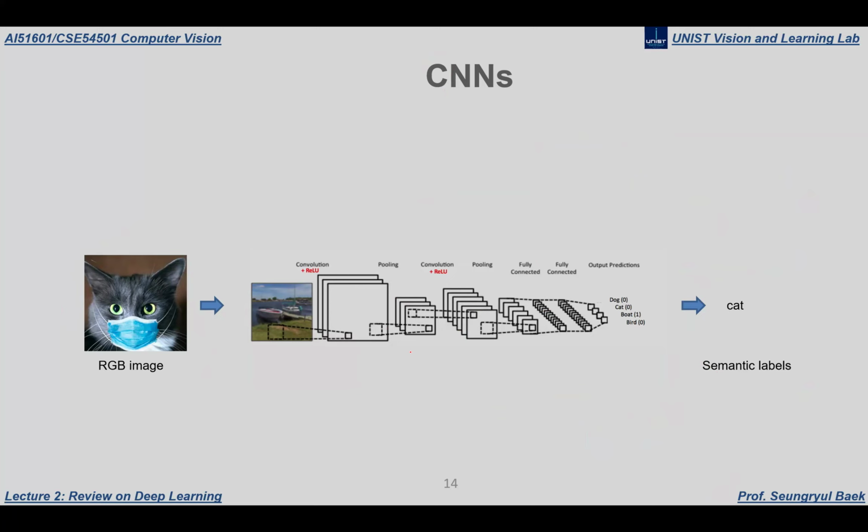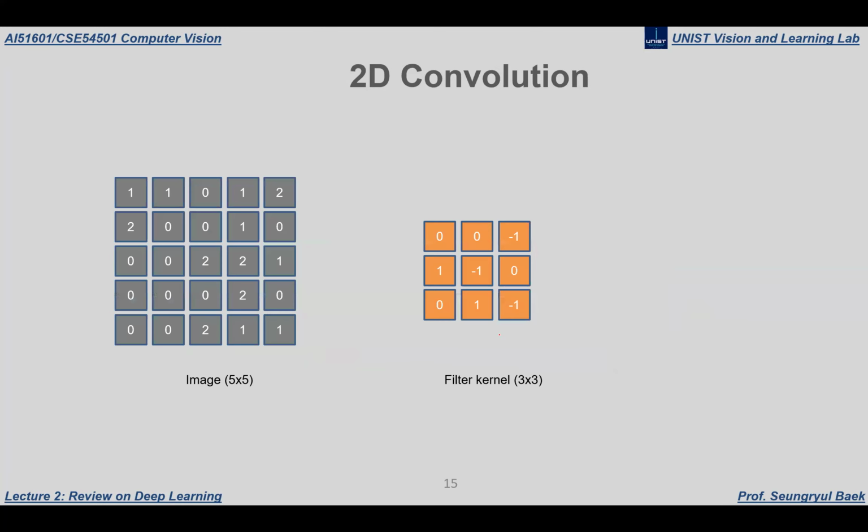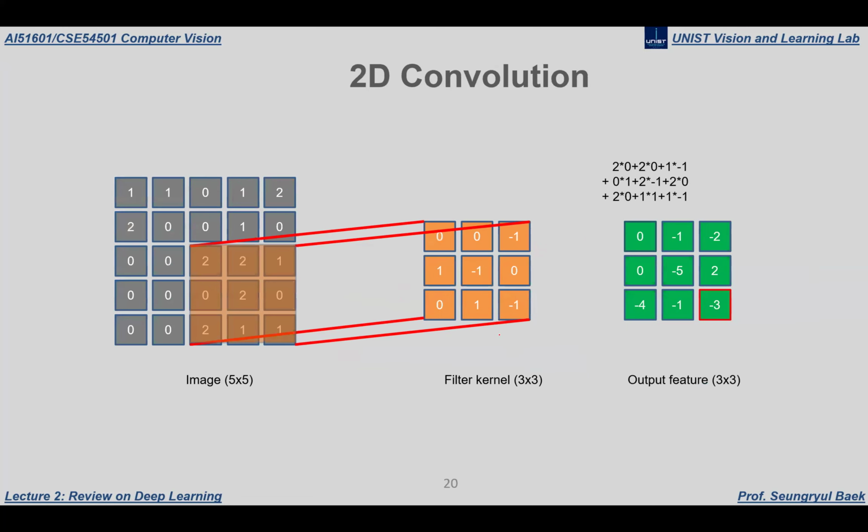And inside these CNN algorithms, all the layers are differentiable because they are mainly composed of plus, minus, multiplication and division operators, right? And their main operations are the convolution operation, the pooling operation, and also the fully connected operation. We will see those algorithms at a detailed level in the later slides.